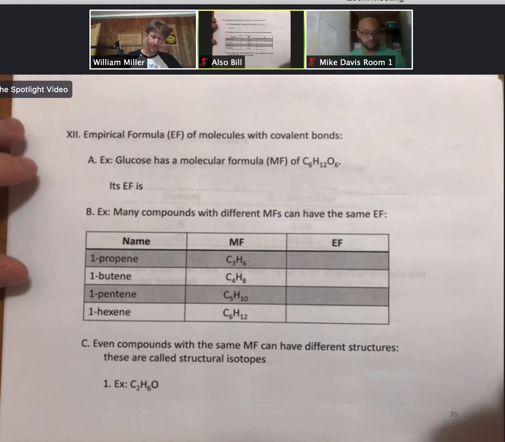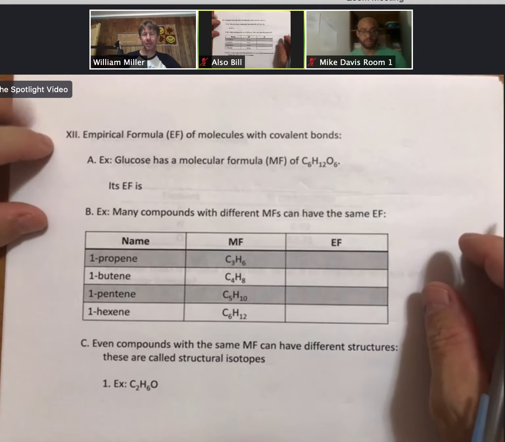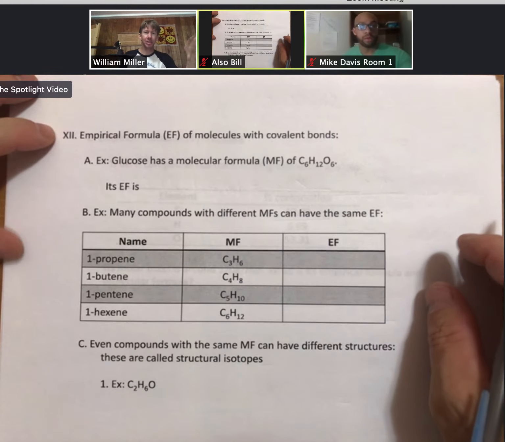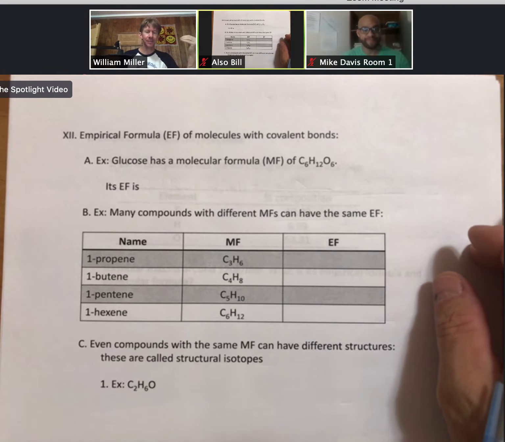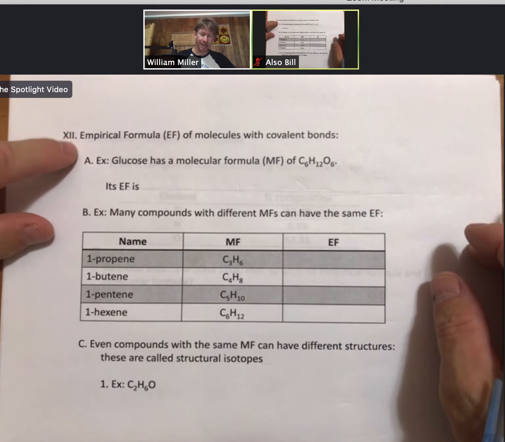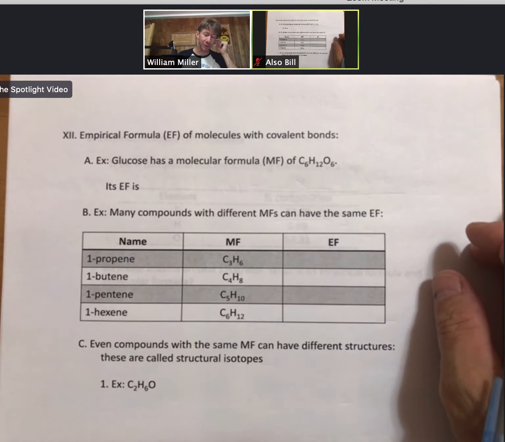All right, so one of the many reasons we just did percent by mass is that it's useful when thinking about a lot of things, especially in the medical field like we just did. But in our class, it's going to allow us to solve what are called empirical formula problems. Let's discuss what the empirical formula is.